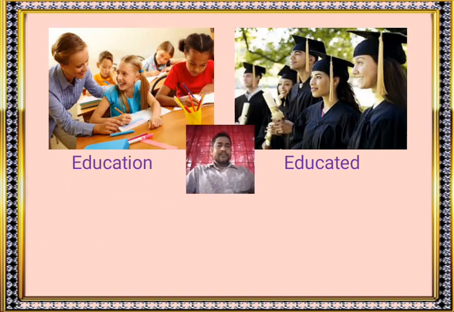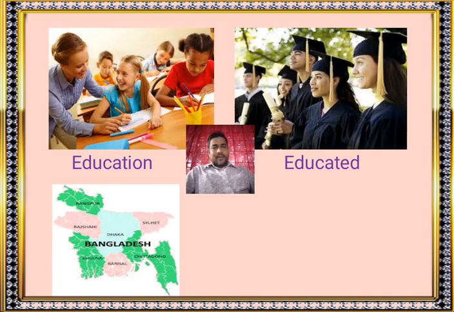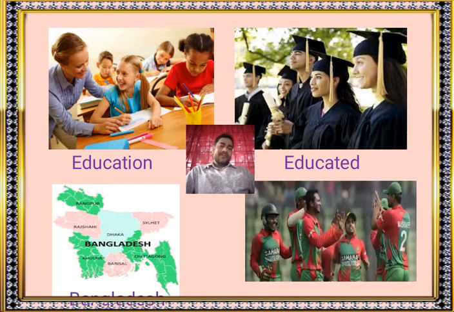And here is a picture of our motherland, Bangladesh. Here are the tigers of our national cricket team, and they are Bangladeshi. In this way, we can add different suffixes after a base word or root word, and it will create a new word which helps us in writing and creating new words in English.